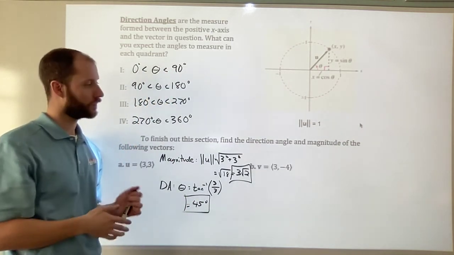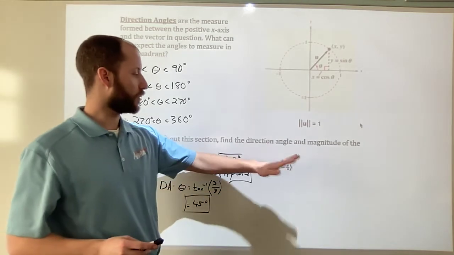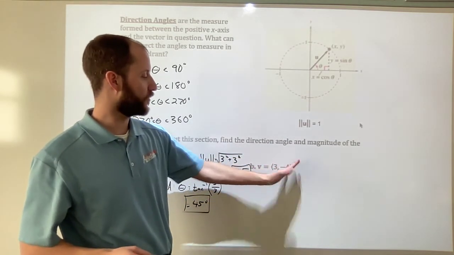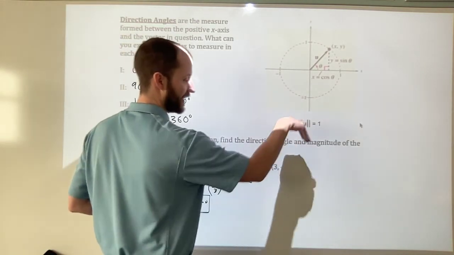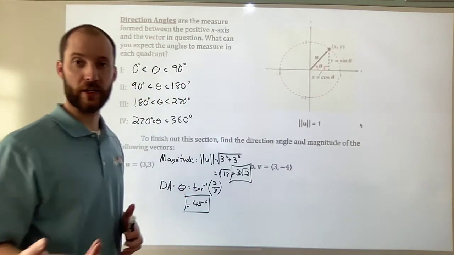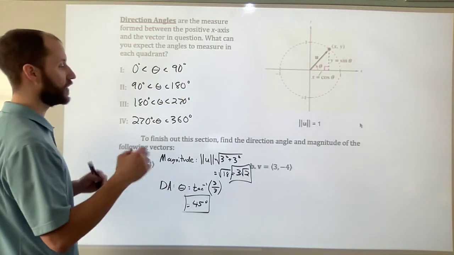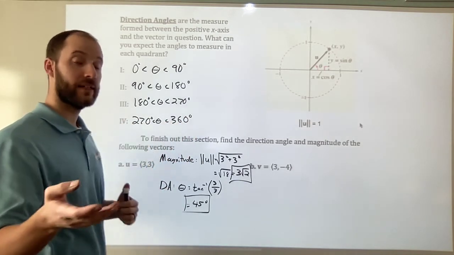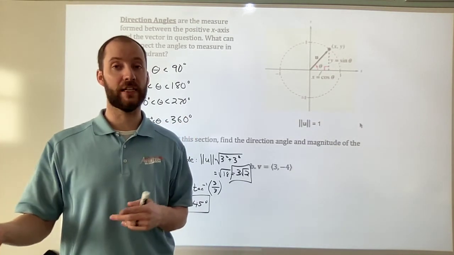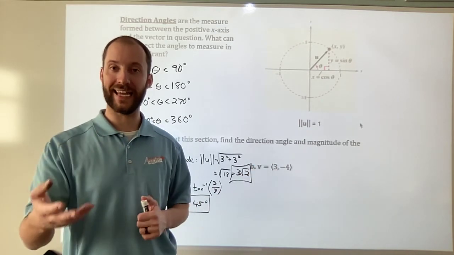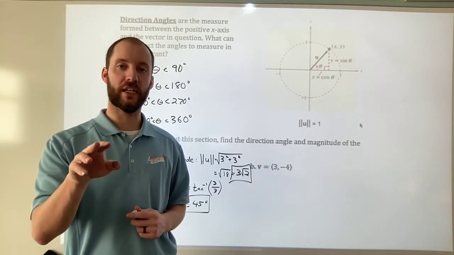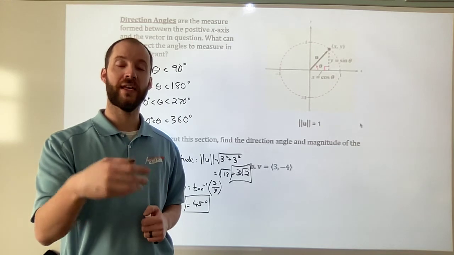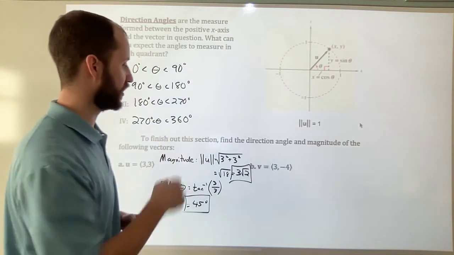That works. For example B, 3 comma negative 4, to the right and down, so we're in the fourth quadrant. So our answer should be between 270 and 360. But, like the problem with the law of sines, the ambiguous case, your calculator will give you the first answer for inverse tangent.